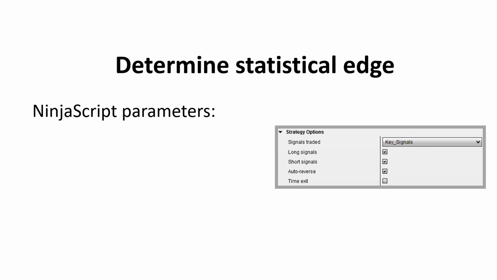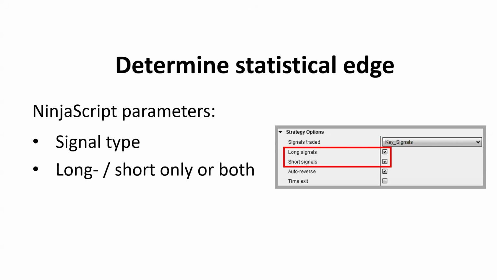So first, you can choose between taking only key signals, which, as I mentioned, mark the beginning of a new trend, or all signals, so both key and secondary for trend continuation. And then next, you can also define a directional preference. So the strategy can run in long or short only mode, or you can let it take positions in both directions, as we have allowed it to do here.